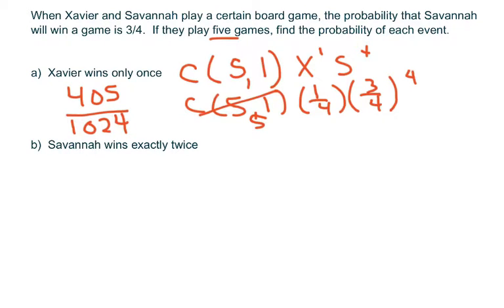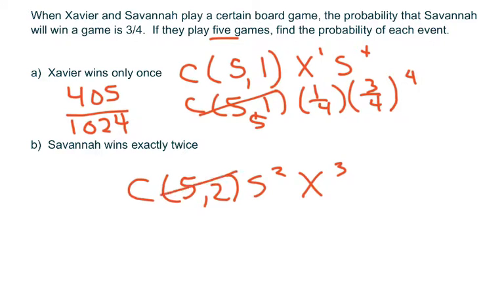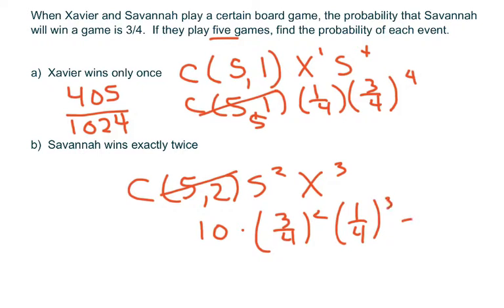Okay, Savannah wins twice. So the 2 goes to Savannah. Xavier actually wins 3 here. So this equals 10 times Savannah's 3/4. Xavier is 1/4. And that would be 45 over 512.